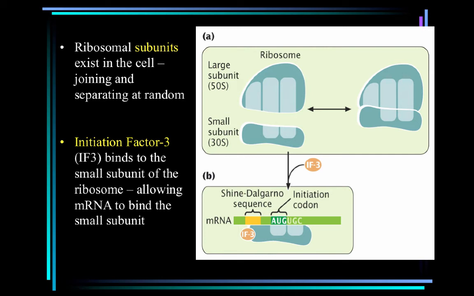So IF3 in this case, or initiation factor 3, after the small subunit kind of finds the messenger RNA, IF3 is going to bind to the small subunit of the ribosome, and that's going to allow the messenger RNA to then bind to the small subunit.